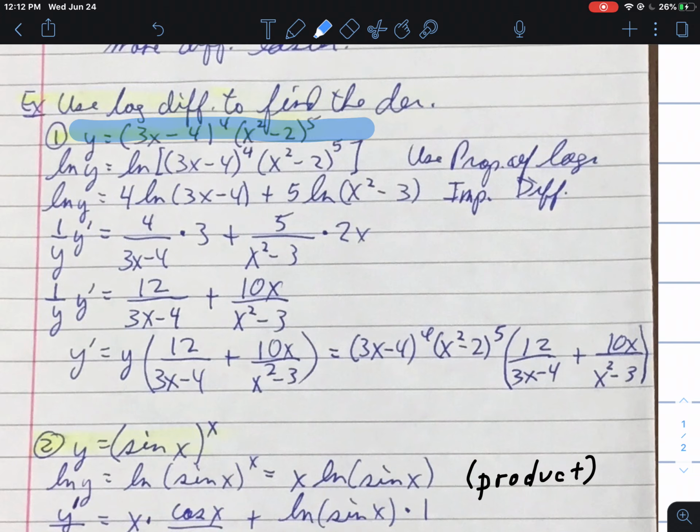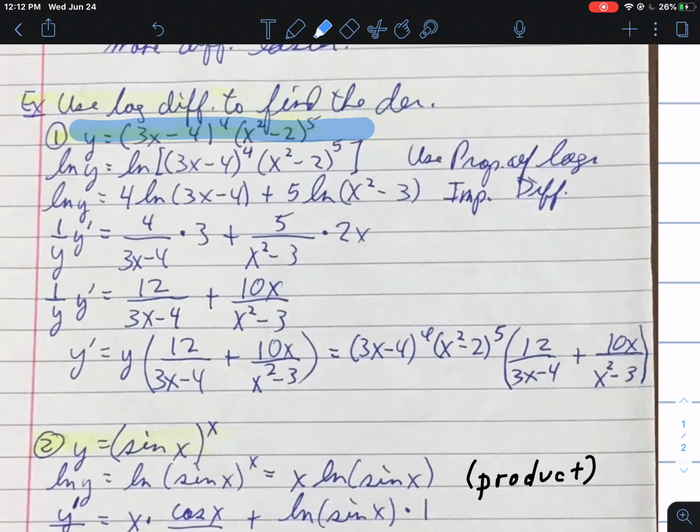Product rule is definitely applicable here with chain rule and so forth. The other option is to multiply all that out, probably not a good choice with larger exponents. It's doable, but it just takes time. So I agree, I could find the derivative using the product rule, and that's a perfectly viable option. Let's look at doing it a different way.